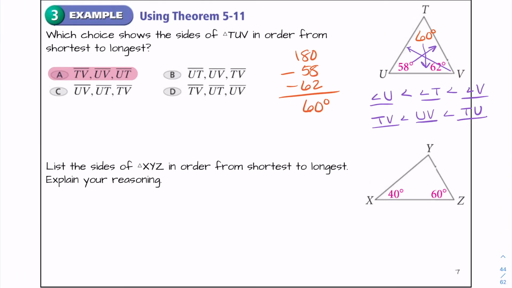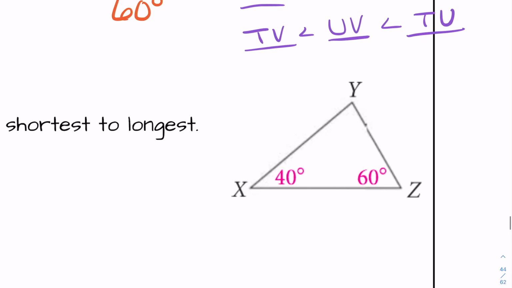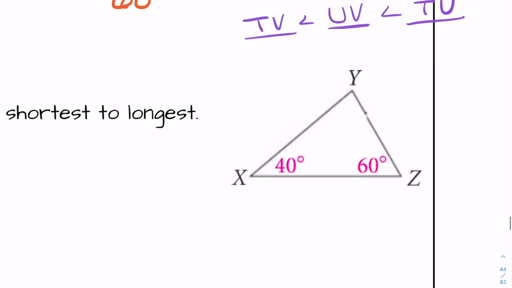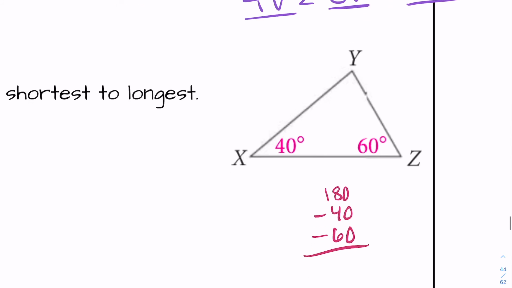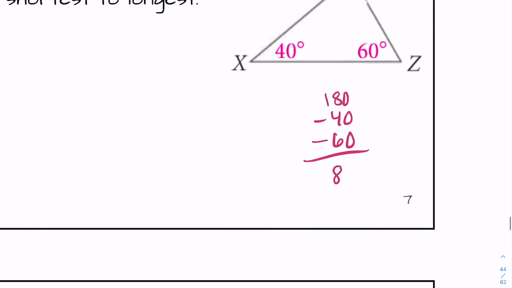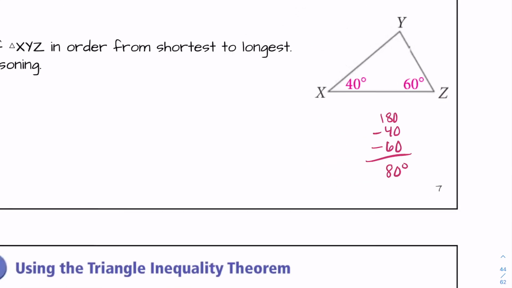Awesome. Nice work. So now we're going to list the sides in order from shortest to longest and explain our reasoning. So we're going to do 180, take away 40, take away 60, and we get 80 degrees because we're taking away 100. This one is 80.